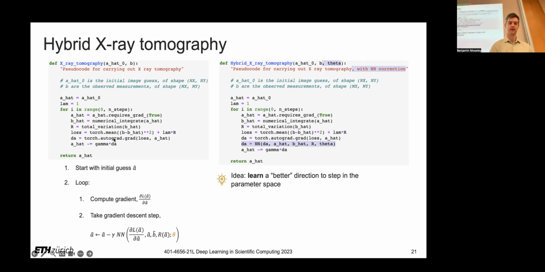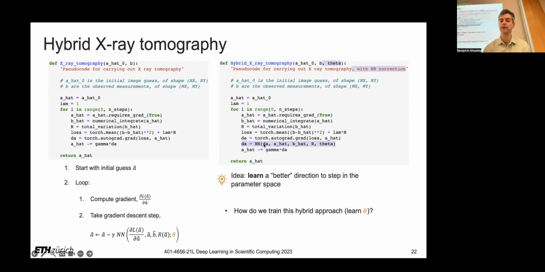Okay, so the algorithm is very similar. We're just changing the gradient descent step a little bit here. Basically replacing the AutoGrad by a neural network? We're not replacing it. We're still using AutoGrad to get our original gradient of the loss function.